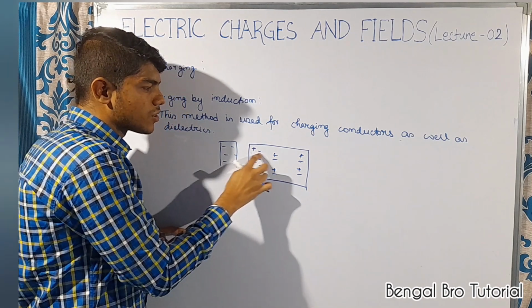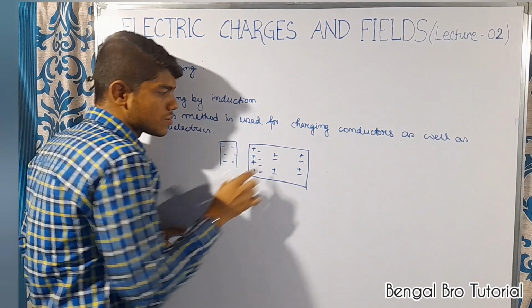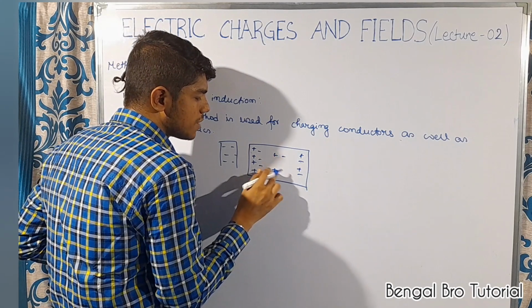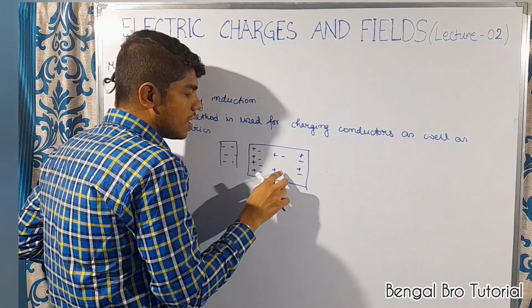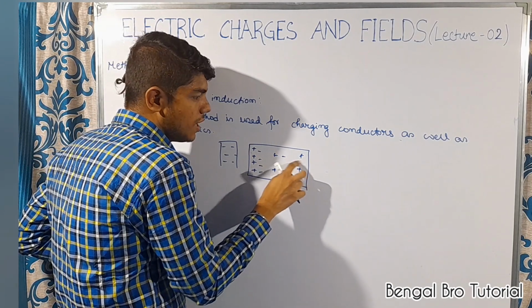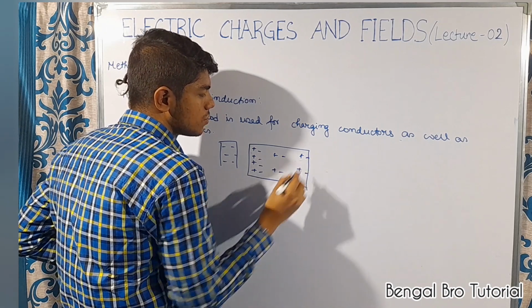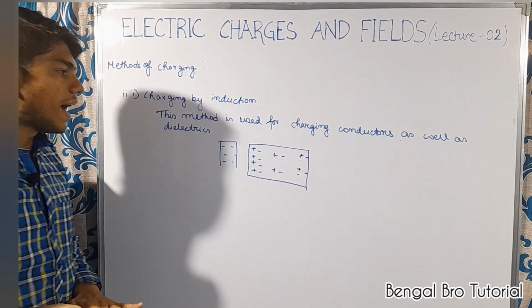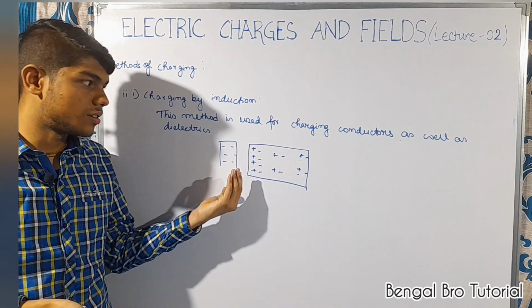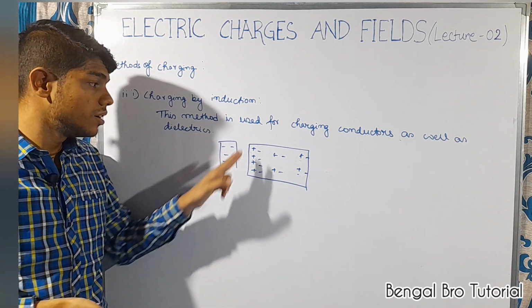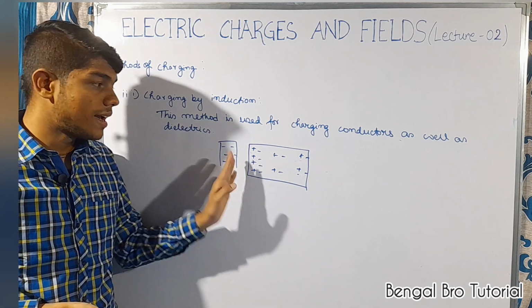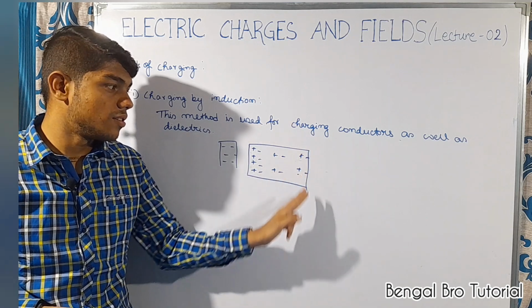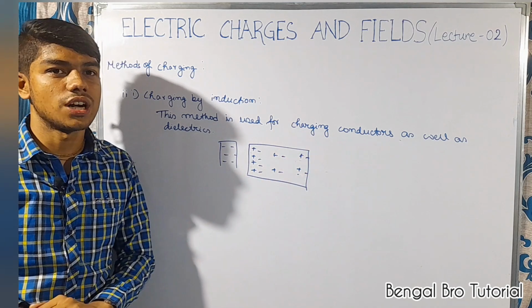Now again these electrons will repel these electrons, so they will also get slightly displaced. Now these electrons will again displace the neighboring electrons. So now you see, at one side of the dielectric we have positive charge, and at the other end we have negative charge.